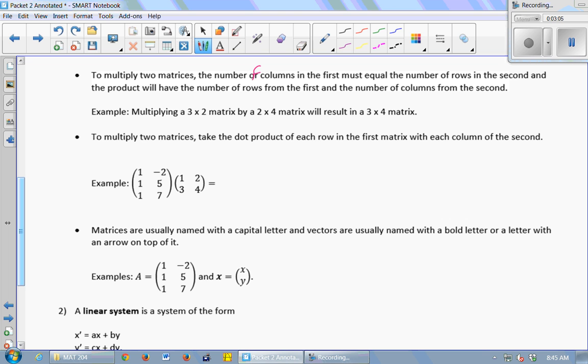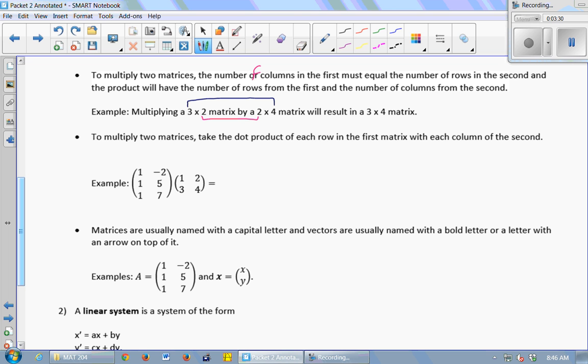I know that sounds wordy, but we'll do an example and you'll see. If you're going to multiply a 3 by 2 matrix, 3 rows, 2 columns, by a 2 by 4 matrix, 2 rows, 4 columns, the inner dimensions have to match in order to multiply them. And the result will be the outer dimensions, 3 by 4.